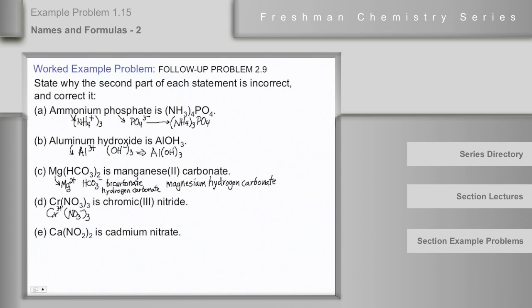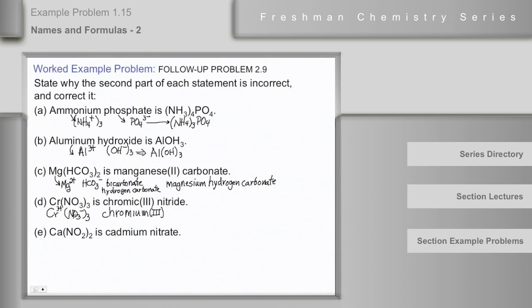Now in terms of the naming, chromium 3 plus, or Cr3 plus, is chromium 3 plus, not chromic 3 plus. So we would name it chromium, Roman numeral 3 for the 3 plus.